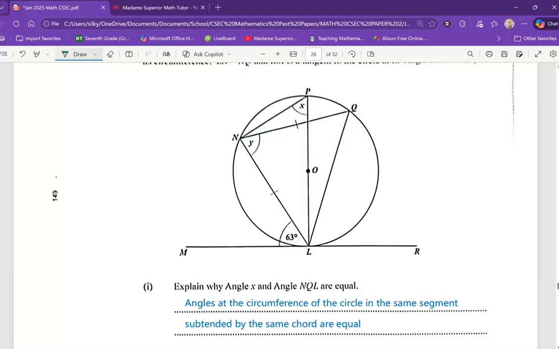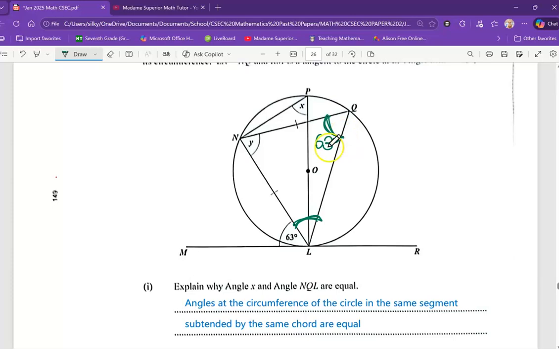So angle Y is in this isosceles triangle. And how do I know this is isosceles, triangle NQL? Well, you see these two little strokes here, and also they told us in the question that NQ is equal to NL. Those two lengths are the same, therefore it's an isosceles triangle. So we also know in an isosceles triangle that the base angles, which are here and here, are equal. And we just found angle NQL. We said that it is 63 degrees.